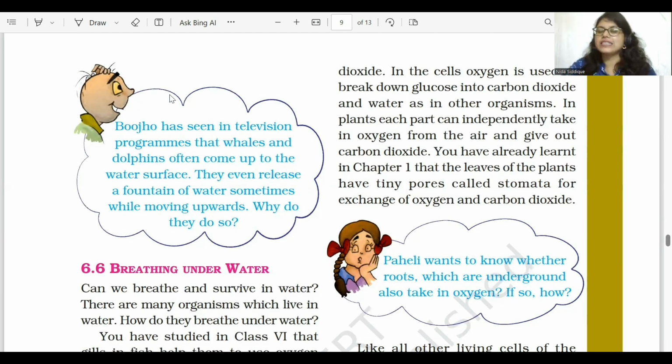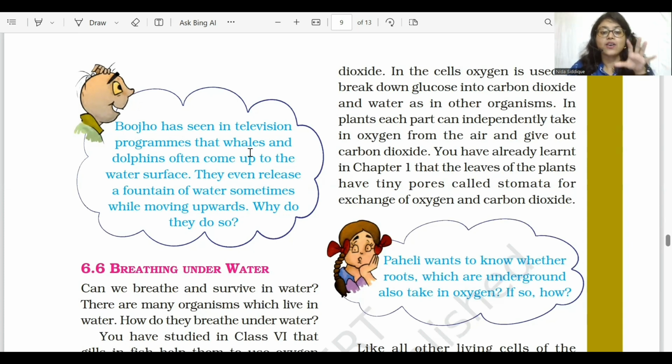Now, Buju has another question for you all. Buju has seen in television programs that whales and dolphins often come up to the water surface. They even release a fountain of water sometimes while moving upwards. Why do they do so?